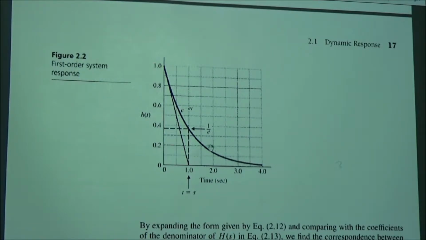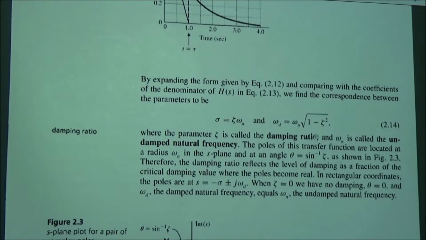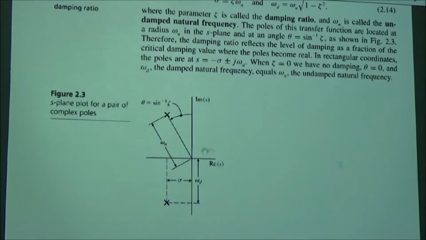Normally, after 5 time constants, you reach almost 0, very close to 0. We call that settling time, you recall in your control class. So, again, the damping ratio is the same, sigma, omega n is the natural frequency, sigma is the value of the real part of the pole, and they are shown right here.